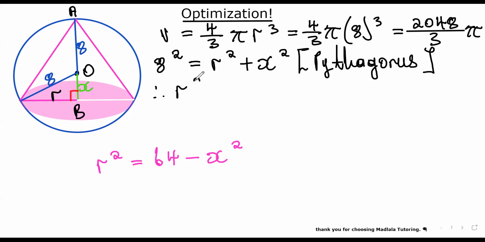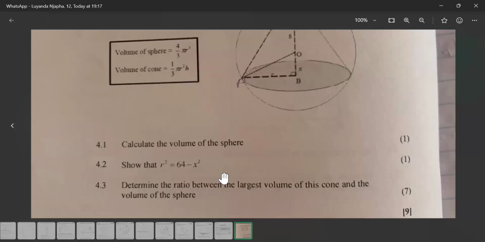Well then, making r squared the subject, the square of 8 is simply 64. And then you say, well, this is just going to be 8. But that's fine. Now, this one was not difficult to understand, hopefully.